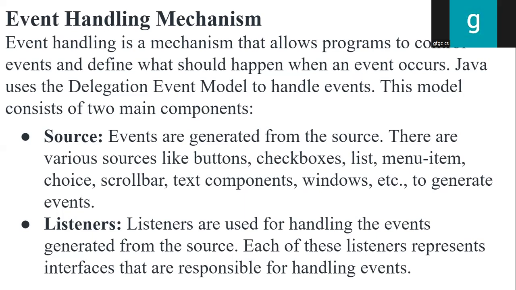Why do we need the source? For each and every source, we have a different kind of listener. Suppose the sources are button, checkboxes, IDs, menu item. These are the sources, but the working of these sources is different. For that, we need different listeners.